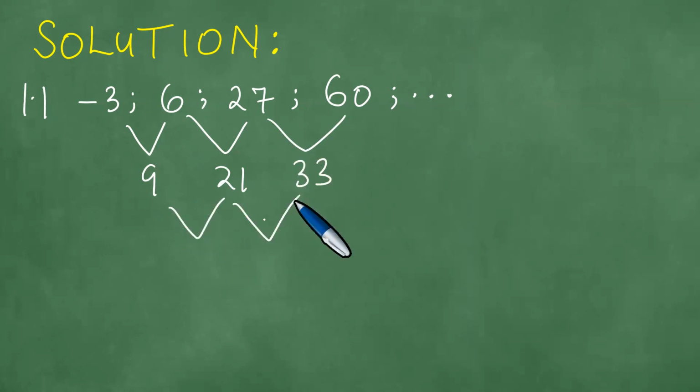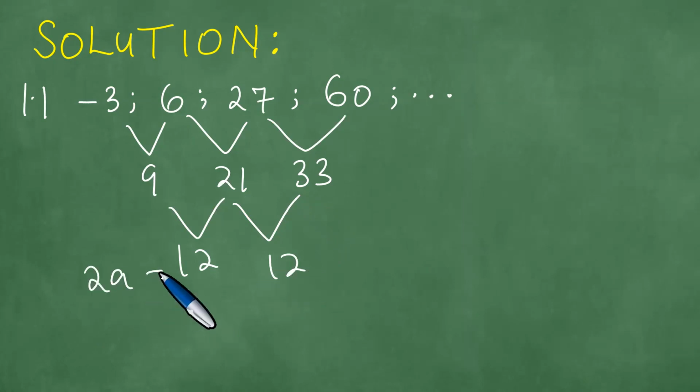And we do this. 21 minus 9 is 12. 33 minus 21 is 12. So in the end, you have 2a equals this. And then here we write 3a plus b equals this.